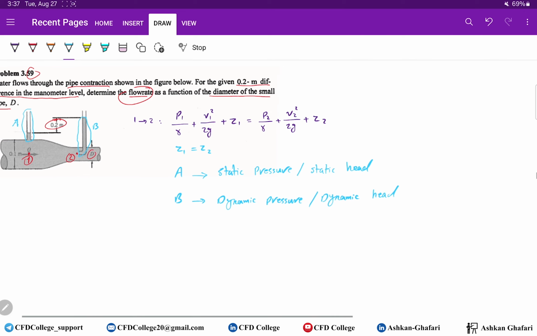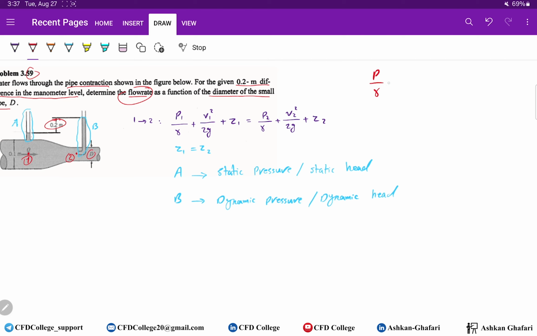When we use this type of Bernoulli equation, let me write it down here: P over gamma plus V square over 2g plus Z equals constant.